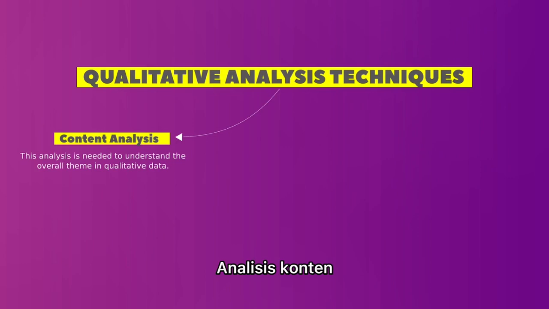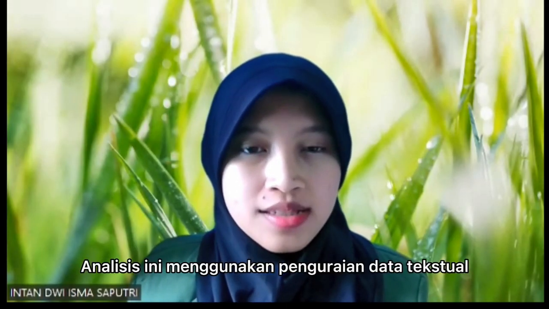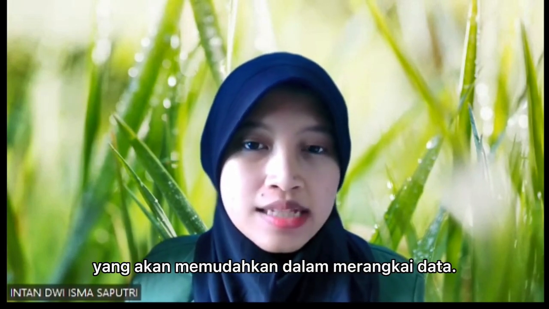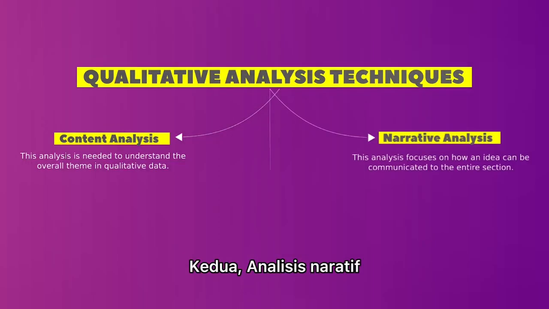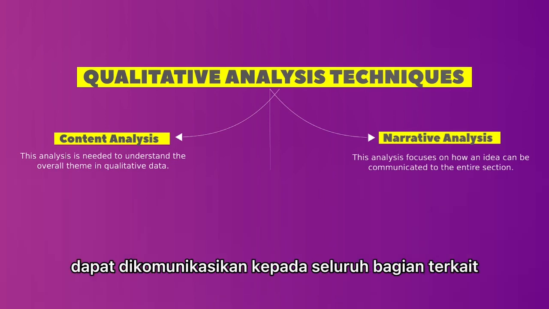Number 1 is content analysis. This analysis is needed to understand the overall theme in qualitative data. This analysis uses textual data deduction that will make it easier to assemble the most common data. Number 2 is narrative analysis. This analysis focuses on how an idea can be communicated to the entire section.